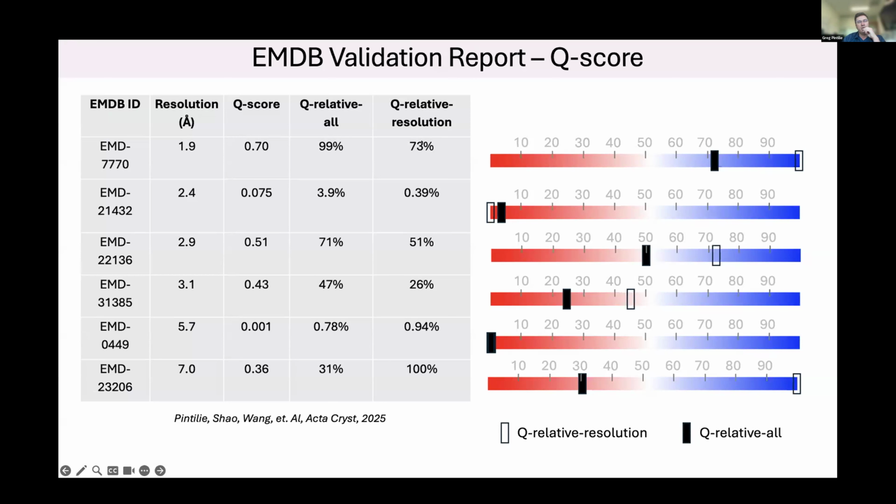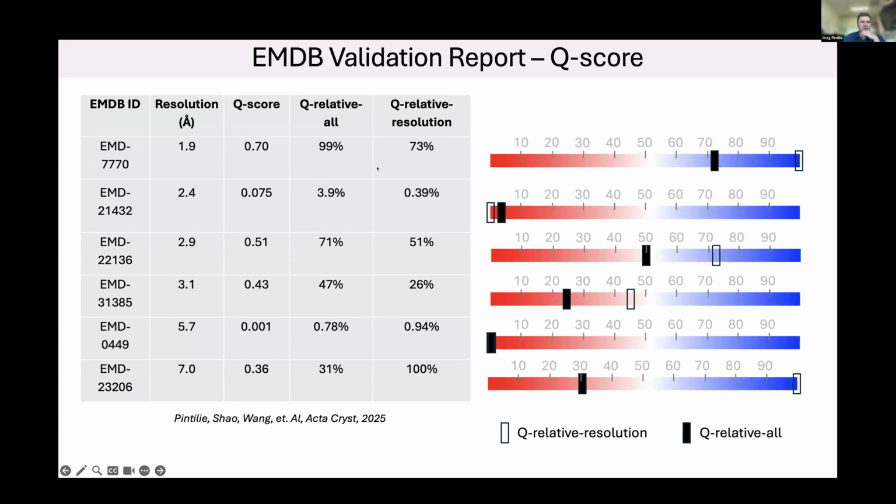The way this is measured is we bin maps and models based on resolution, so we have bins from maybe 0.5 to 1 to 1.5, and then within each of these bins, what percentile is it within that bin?